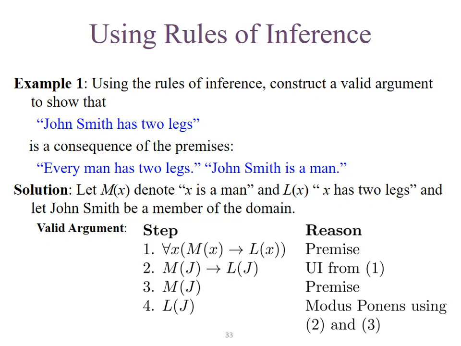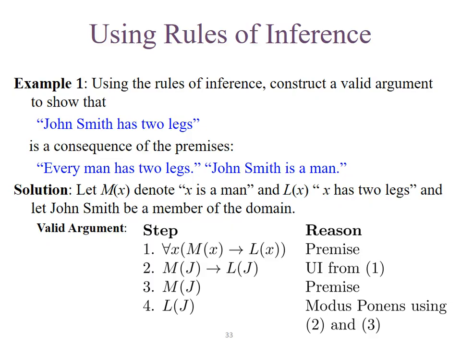So first one, every man has 2 x. We use M(x) to indicate x is a man, and A(x) to indicate x has 2 x. From the first premise, we have: for all x, if x is a man, then it has 2 x. Alright, if John Smith is an example, J, then we have if M(J), then A(J): if John Smith is a man, then John Smith has 2 x.